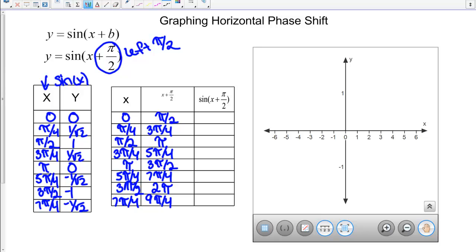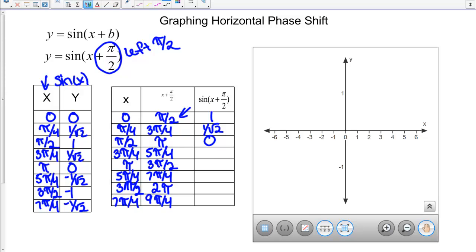Alright, so now we need to find sine of each number. Sine of pi over 2 gives me 1. Sine of 3 pi over 4 is 1 over square root of 2. Sine of pi is 0.